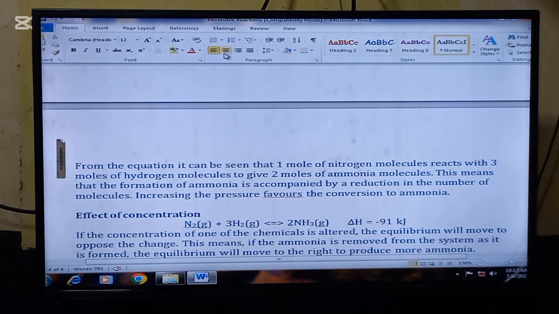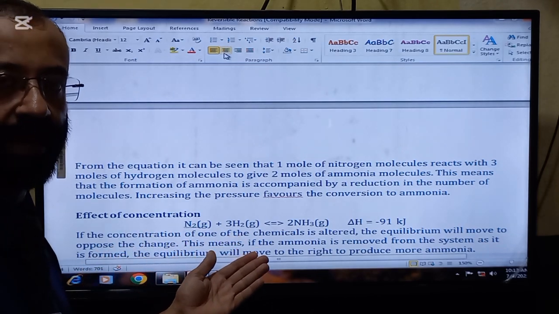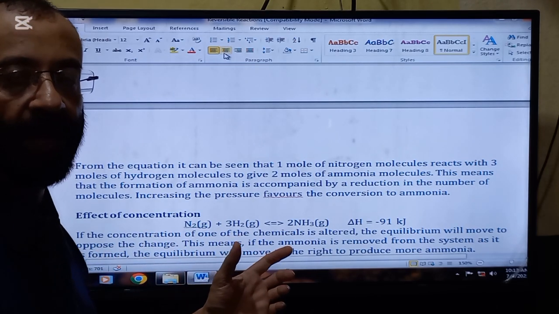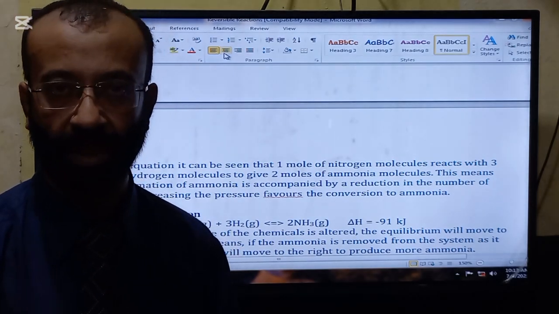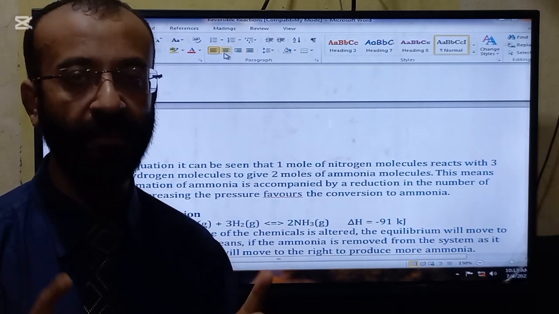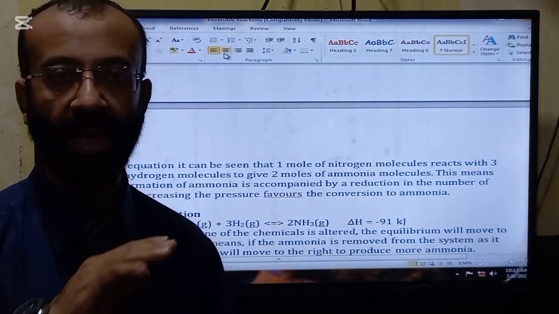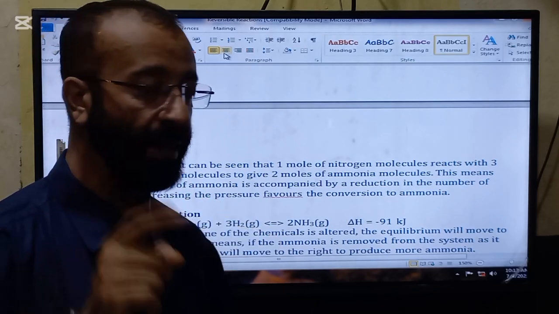Okay, the final thing is the effect of the concentration. If we increase the concentration of the reactants, that will create more particles of the reactants. They will collide more frequently, more effective collisions will be there. So the reaction will move towards right, and more product yield will be there.